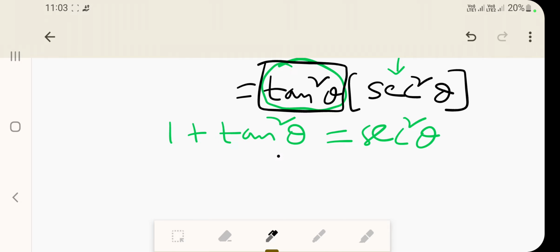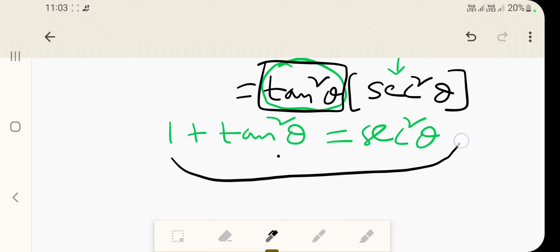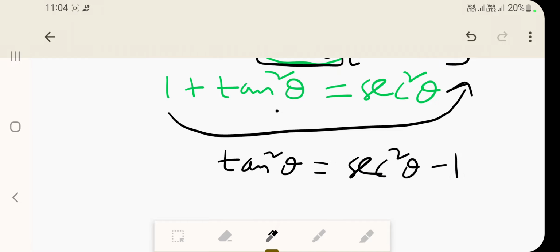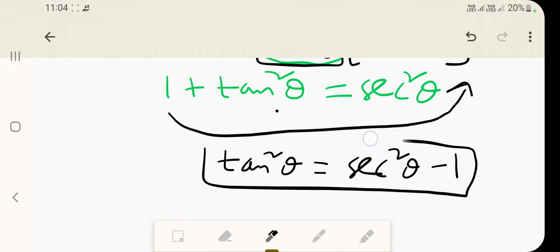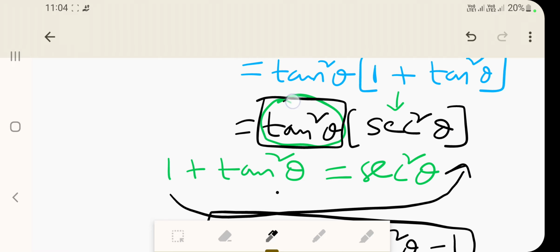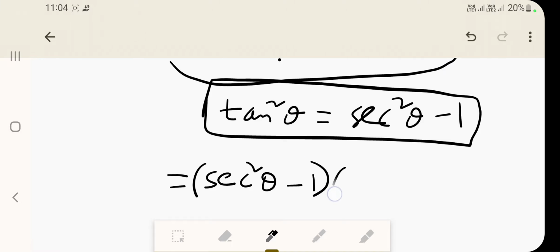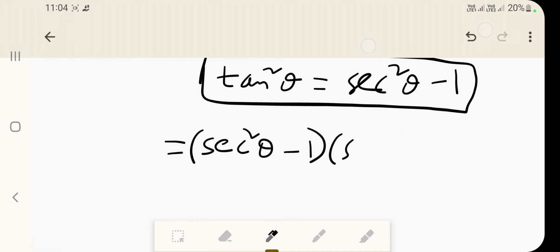So here tan square theta is equal to, we can bring this 1 to the right hand side, so tan square theta is equal to secant square theta minus 1. So tan square theta is replaced with secant square theta minus 1, into what we have here, secant square theta.